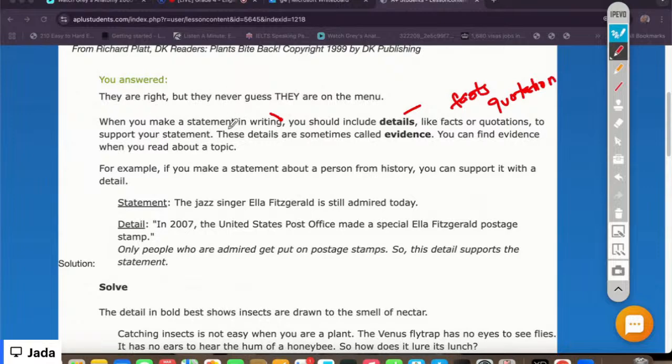When you're writing, you need to have a supporting fact to make us know that indeed this is what is happening or this is how it is, right? These details are sometimes called evidence. You can find evidence when you read about a topic.